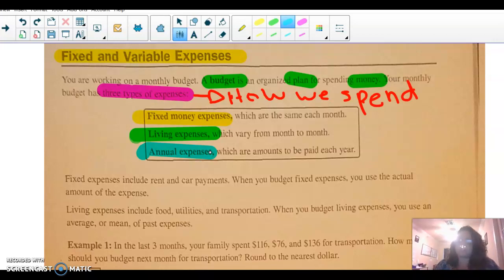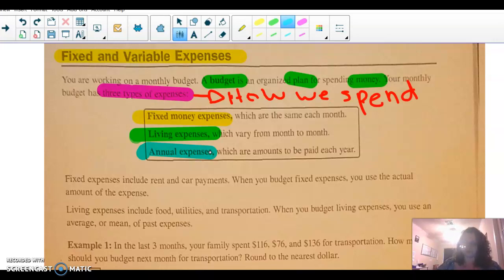This is an expense that we pay every year, but we're going to break that expense up into months, so we're not having to come up with a whole bunch of money all at once. We're budgeting it and saving a little every month to pay for that annual or yearly expense.